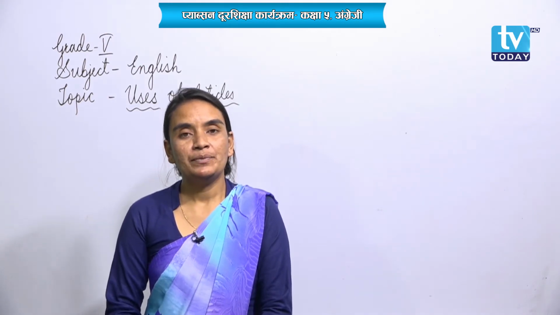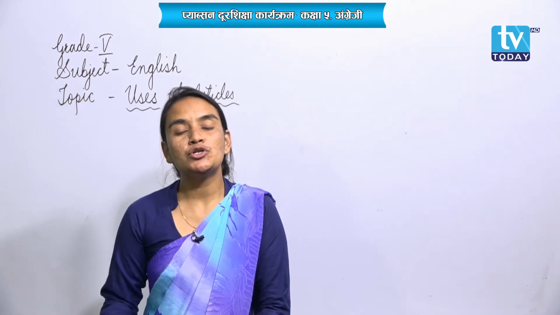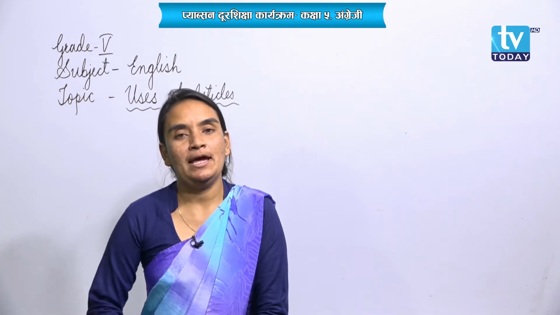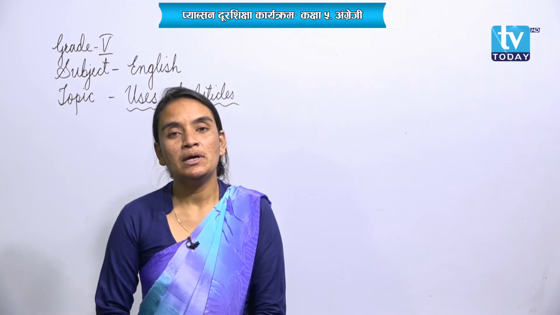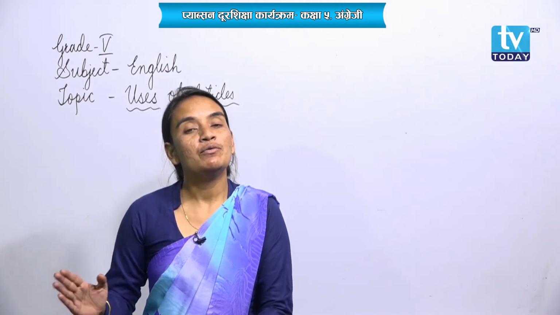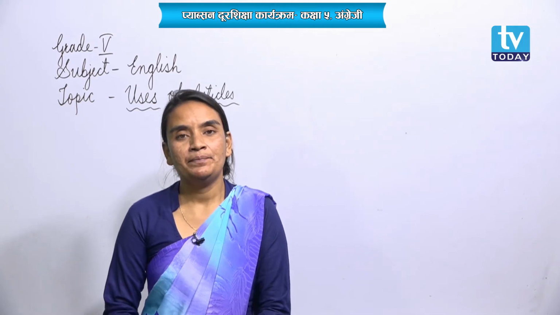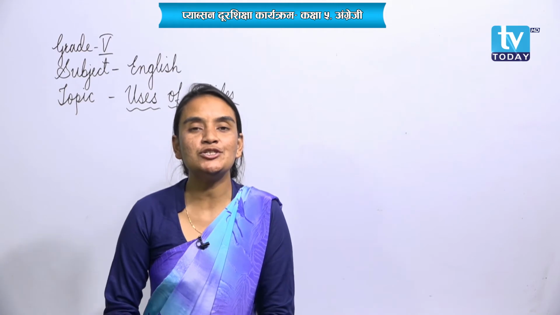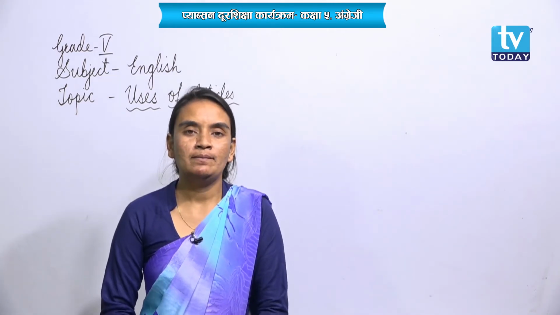At first, we are going to explore some of the rules related to the uses of a or an. There will be differentiation, but we will go with the use of a or an at the same time. After completing all those rules, we will also go for the use of the article the as well.